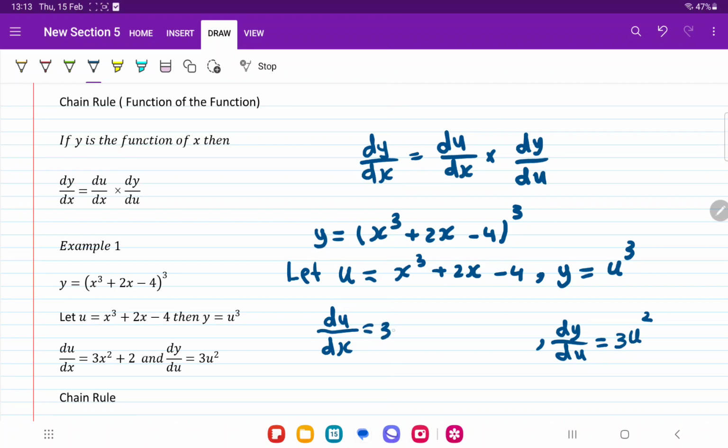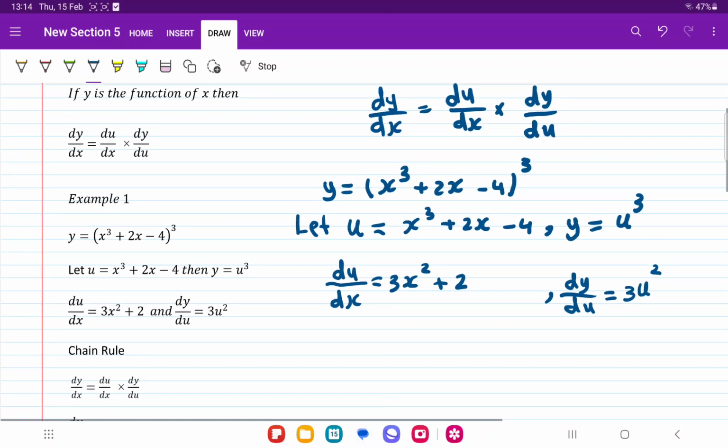So you end up having 2, and the constant number becomes 0. So minus 4, when we differentiate it, becomes 0. If you are not sure about these rules, there's a short video on differentiation 1. Please go back and check it there.